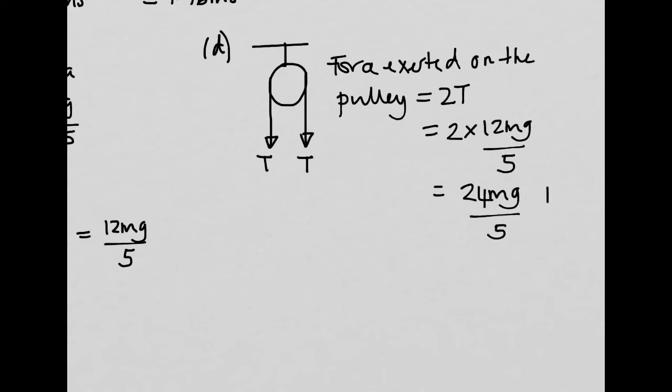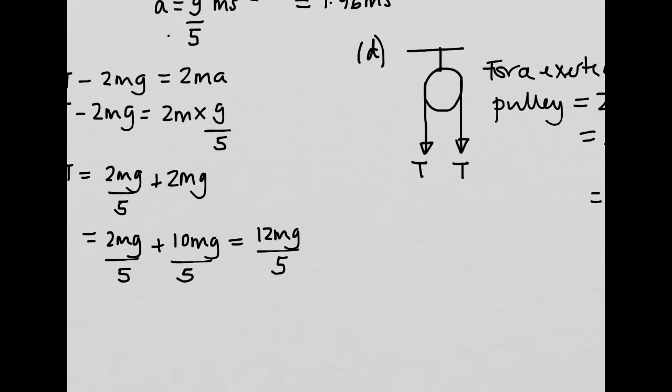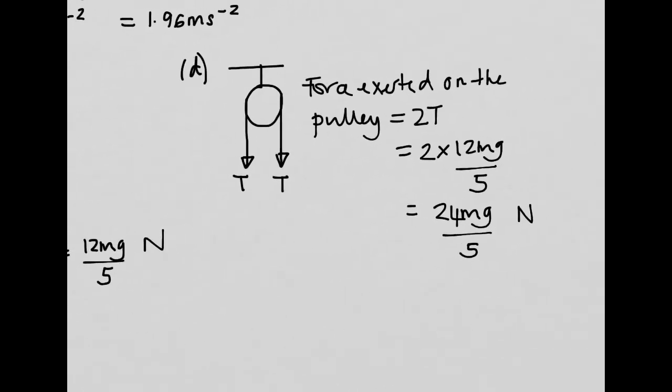And that would be newtons. Remember that there is newtons. I've just noticed I've forgotten it here, that should be newtons, because otherwise if I don't write my units on, I can lose marks. So part D, 24mg over 5 newtons.